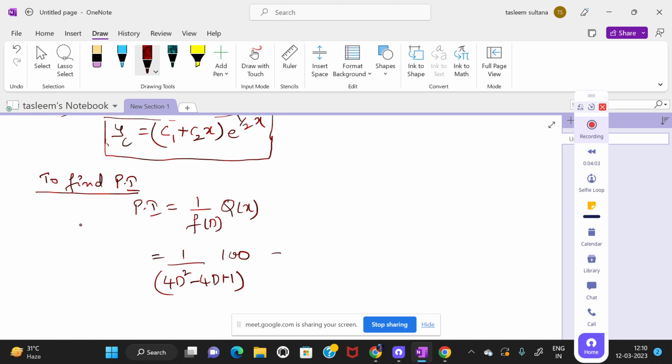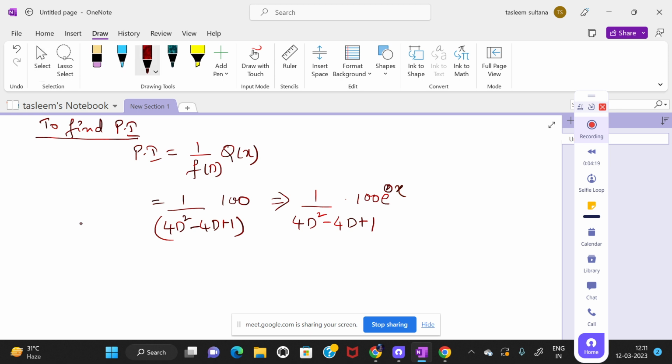This 100 we can represent as 100 e to the power of 0x, where the a value is equal to 0.